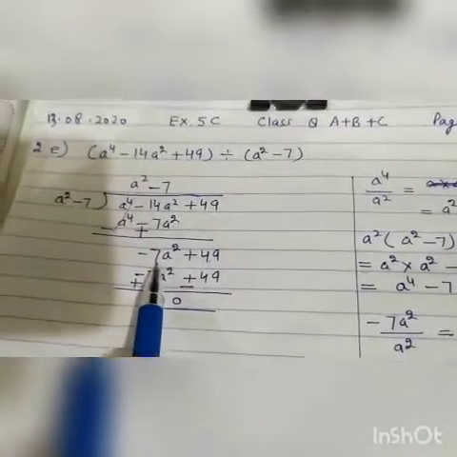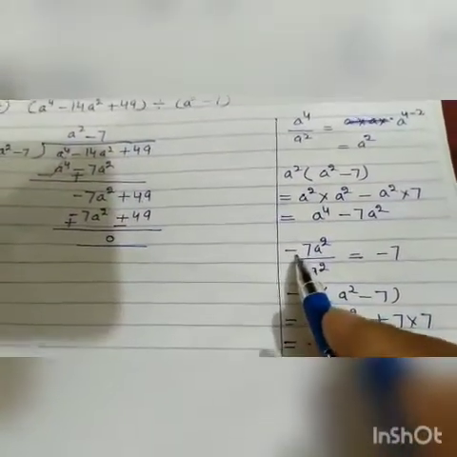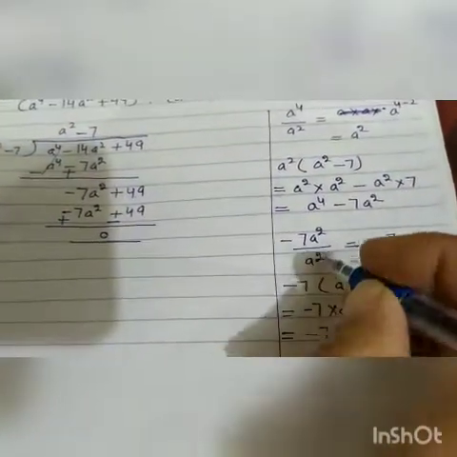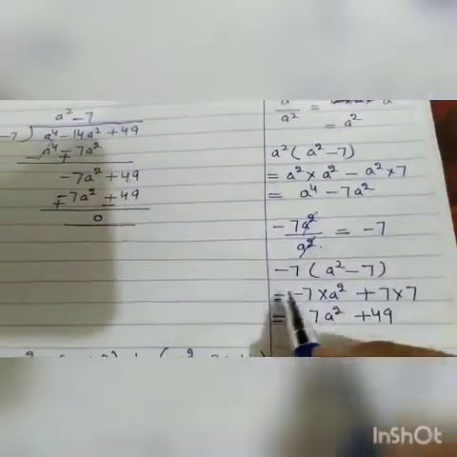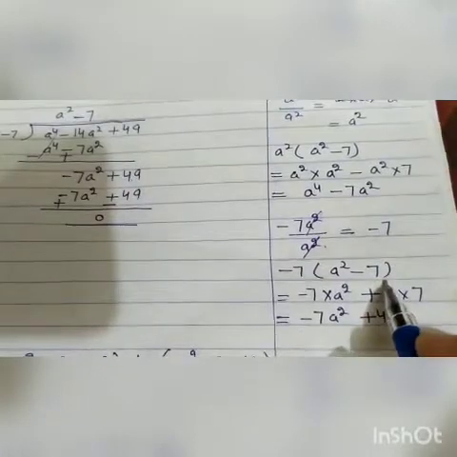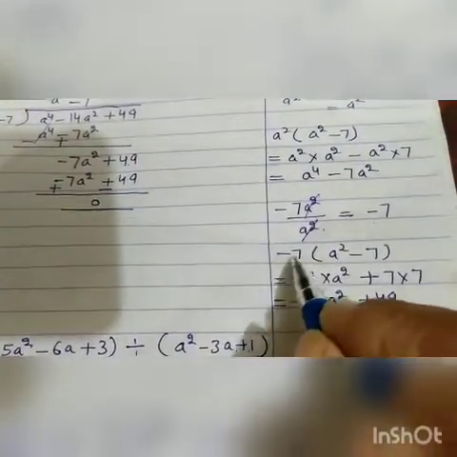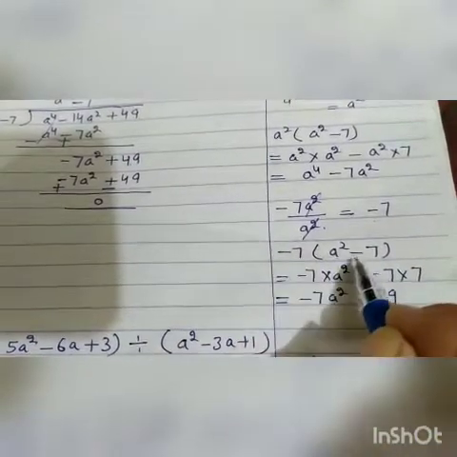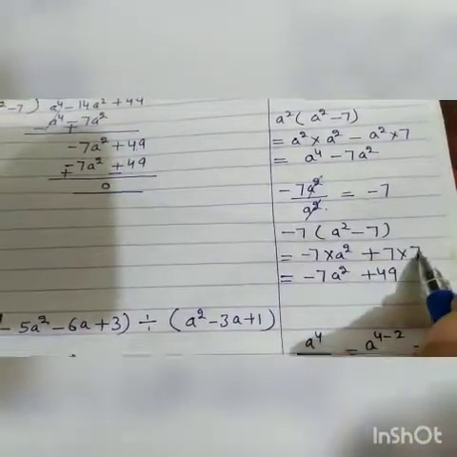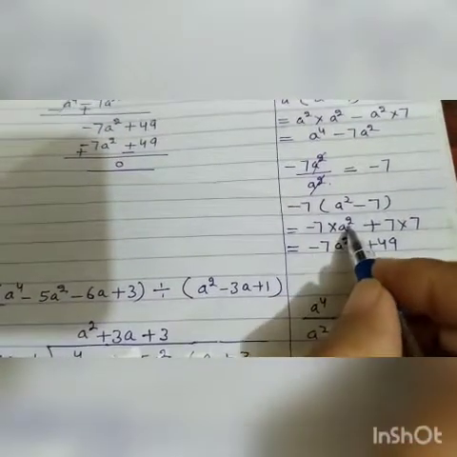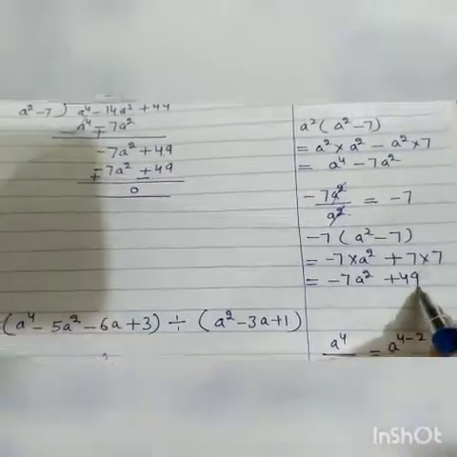First term of the dividend divided by first term of the divisor: minus 7a square upon a square. A square cancels, we get minus 7. We multiply this minus 7 by a square minus 7. Minus 7 multiplied by a square is minus 7a square, and minus 7 times minus 7 is plus 49.